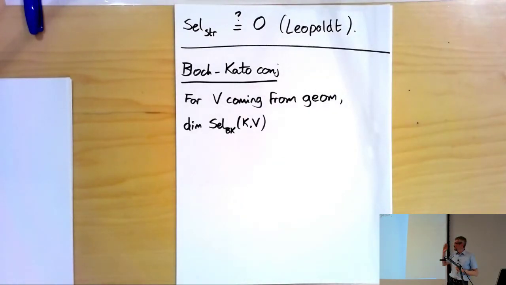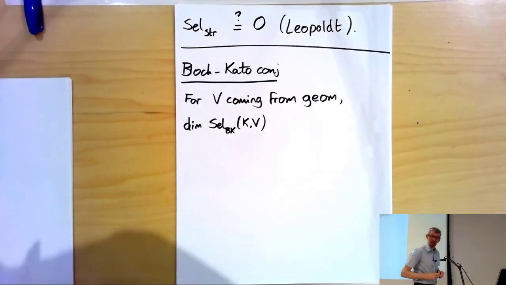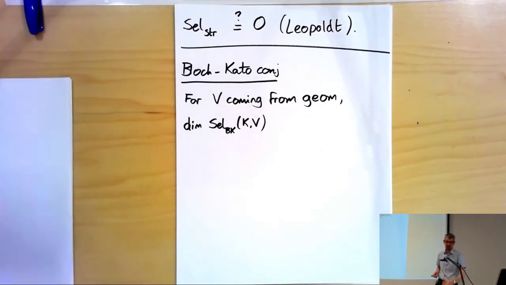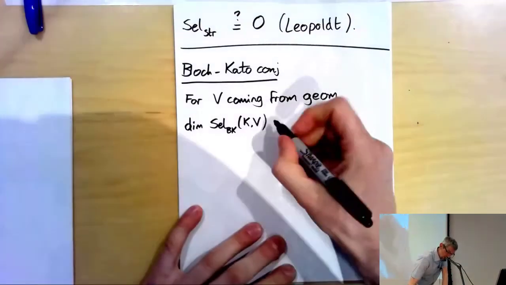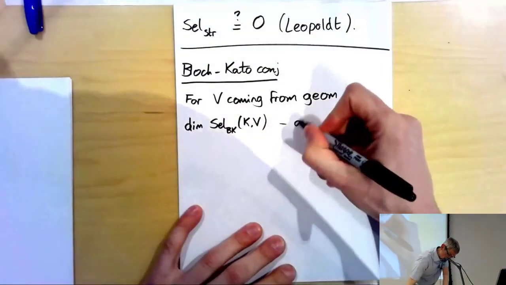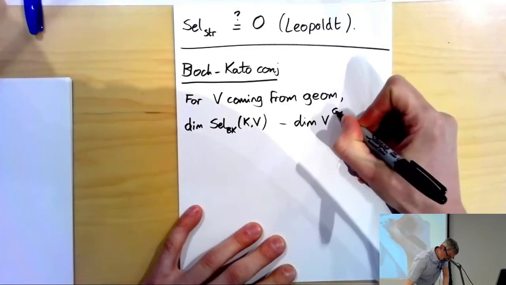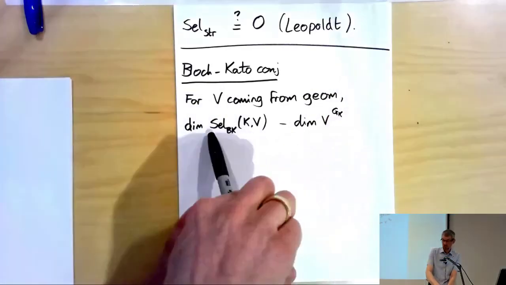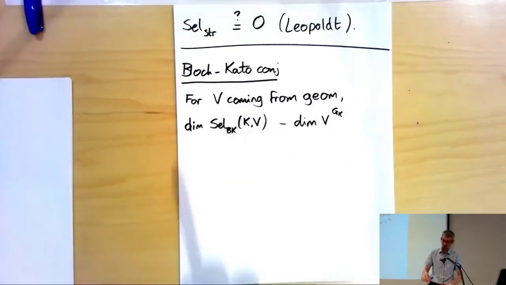By trimming down to classes that satisfy nice local properties, at least at the primes away from P, we've got a finite dimensional space. And now this conjecture is predicting the dimension of this space. And there's a correction term. So this is something coming from H1, this is something coming from H0. So you should think of this as being a bit like an Euler characteristic.